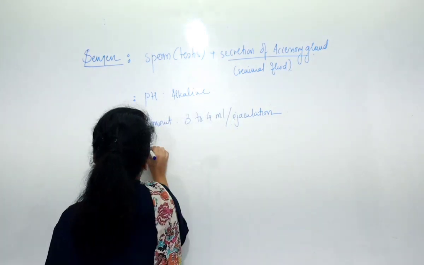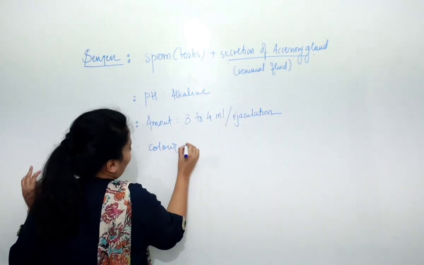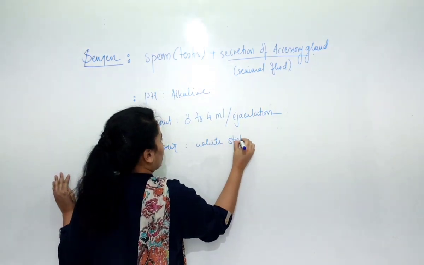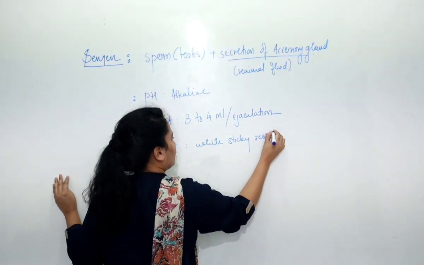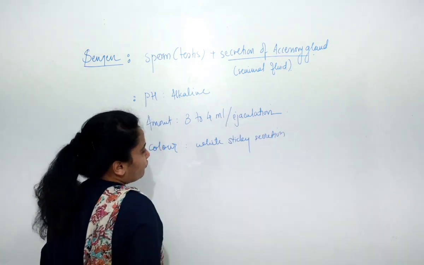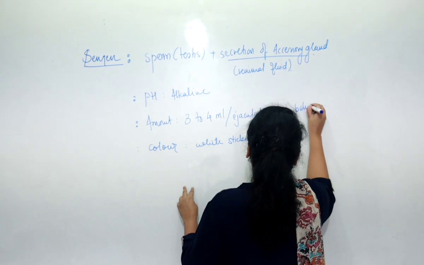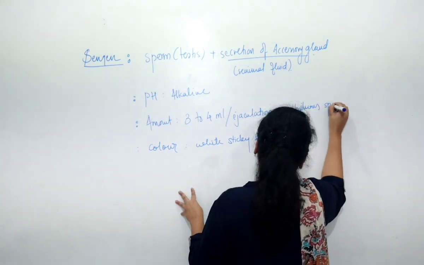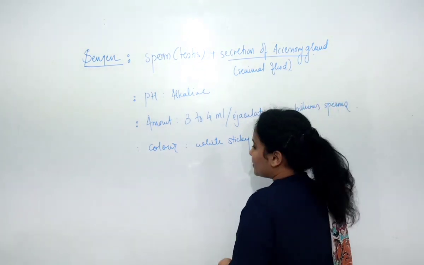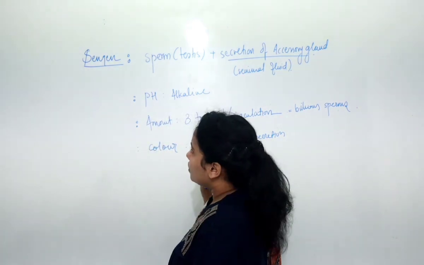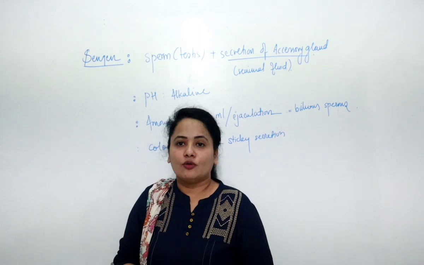The color is whitish, a sticky secretion. And this 3 to 4 ml of semen contains billions of sperms together. The numbers are numerous; many sperms are released. So this is ideally all about the semen.